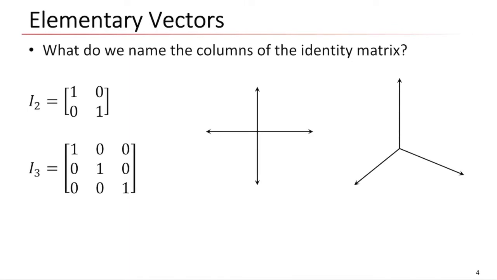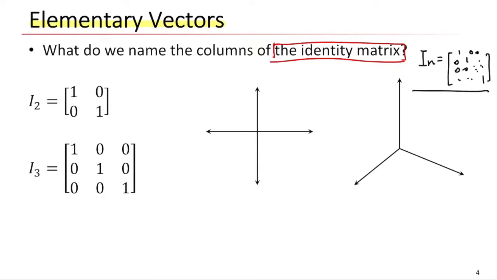Okay, before starting, there are two concepts. The first one is the elementary vector. So what is the elementary vector? Let's think about the identity matrix first. What was the identity matrix? It has a shape like this, right?